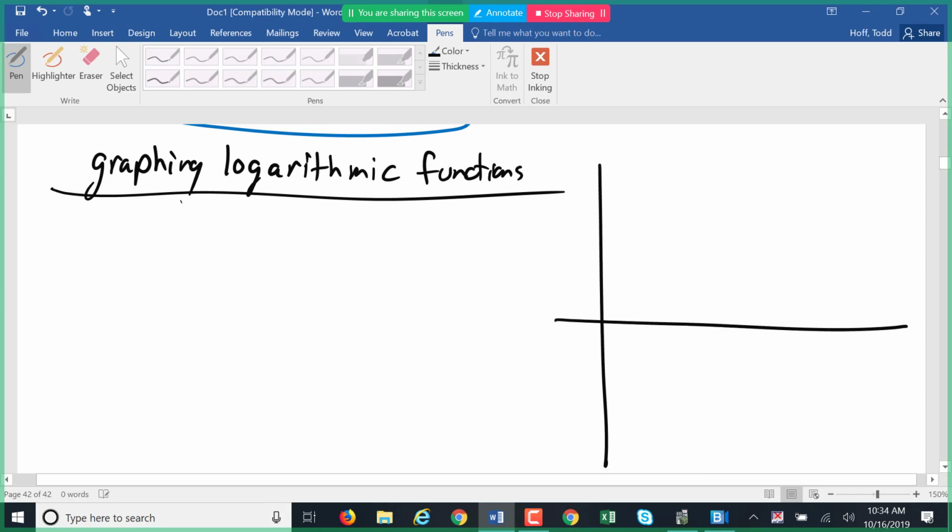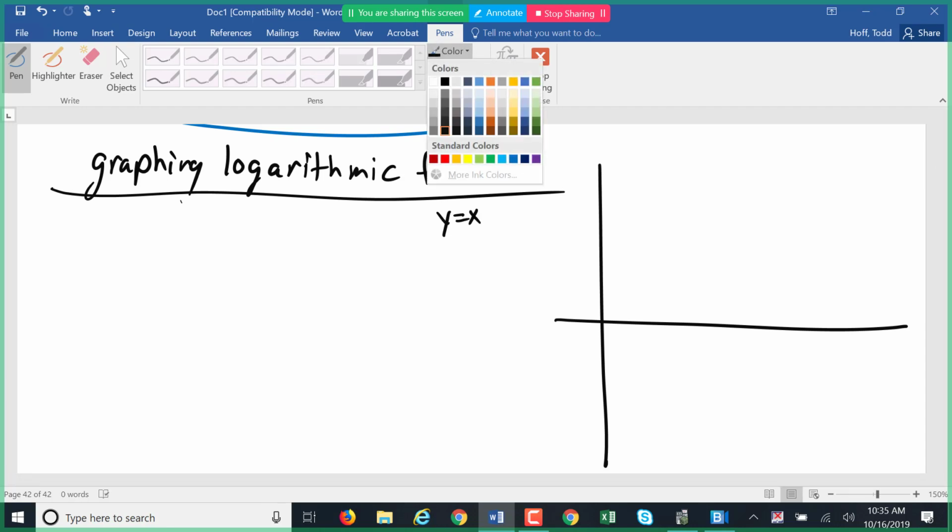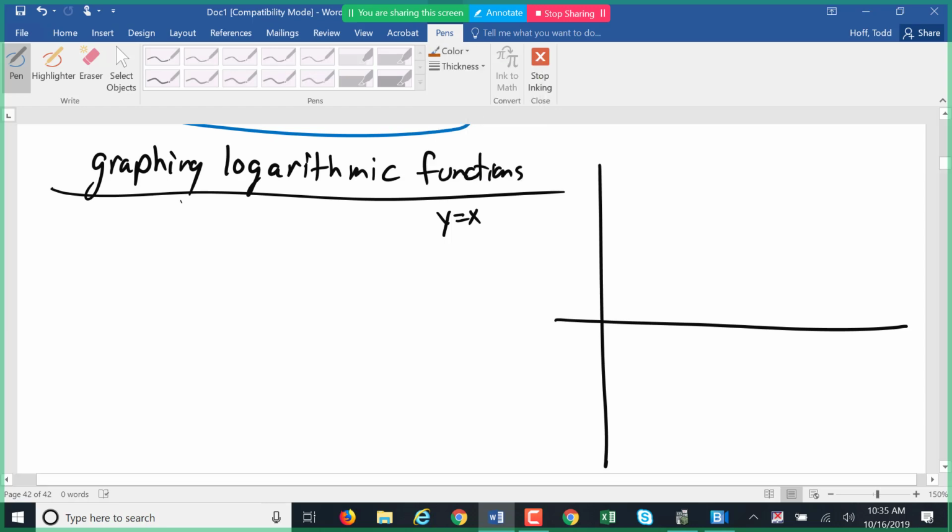These are inverses. Remember, we looked at inverse functions last section, last unit. The graph was reflected around the line y equals x. Similar thing happens with logarithmic functions.